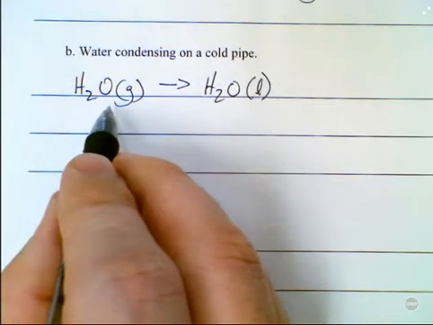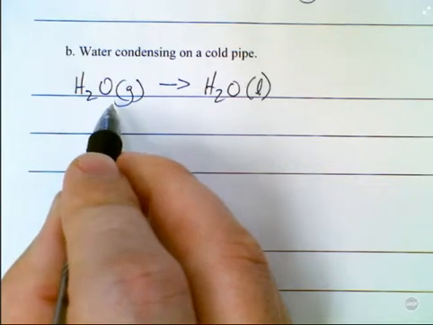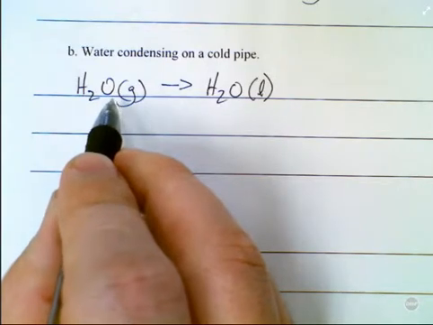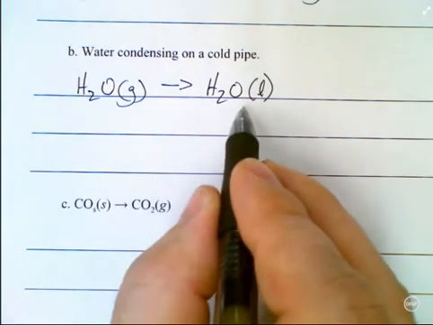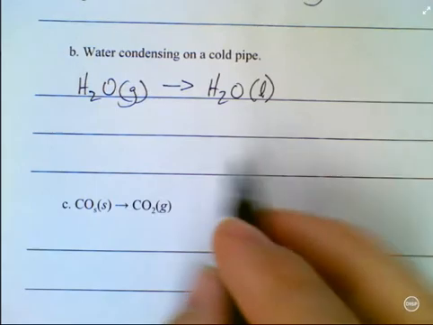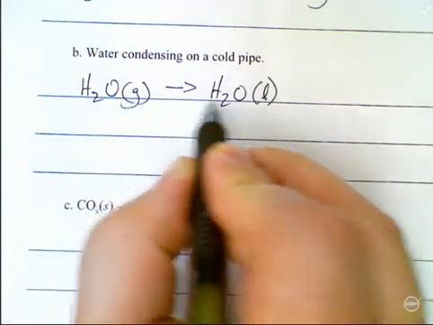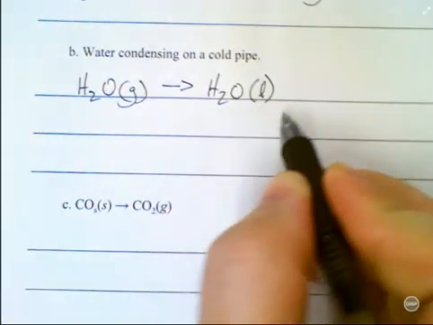The gas is going to be the highest energy version of water. All right, much higher amount of kinetic energy present in a gas molecule than in a liquid molecule. So we have a high energy form of water moving into a lower energy form of water.